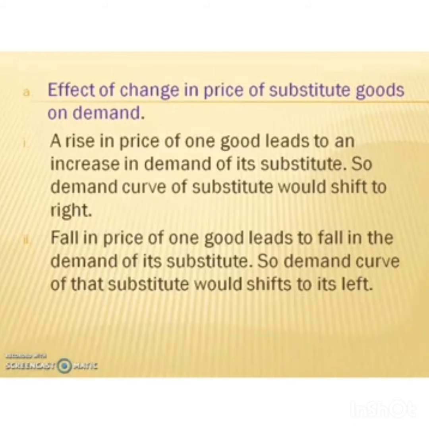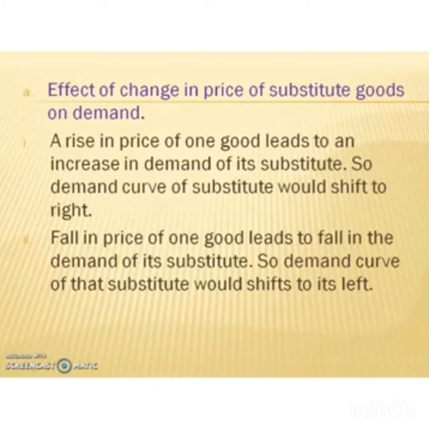So if the increase in the price of coffee leads to a decrease in demand for coffee, that leads to an increase in demand for tea. So there is a rightward shift in the demand curve of tea due to the increase in the price of coffee. Then the second situation: a fall in the price of one good leads to a fall in demand for its substitute.